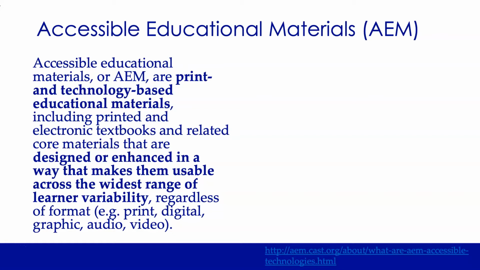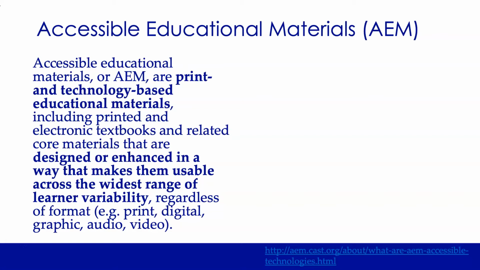So when we talk about accessible education materials, we're not only talking about print-based materials, but we are also talking about technology materials. So if we are using things like videos, are they closed captioned? Do they have an option for video description?